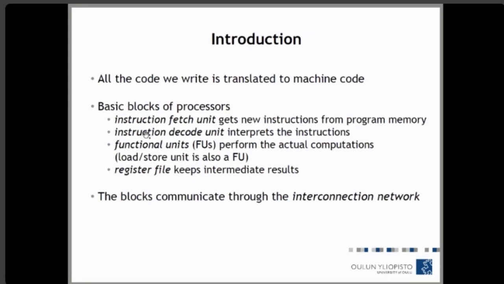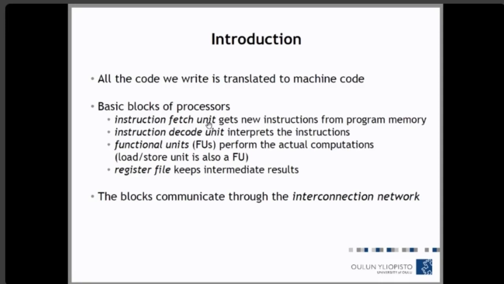Then we have the instruction decode unit. These instructions are a large number of bits. Some part of those bits, let's say the first five or six bits, decide what operation is going to be activated. Is it an add operation? Is it a logical AND operation? That needs to be decoded, and at the same time we need to know the operands.